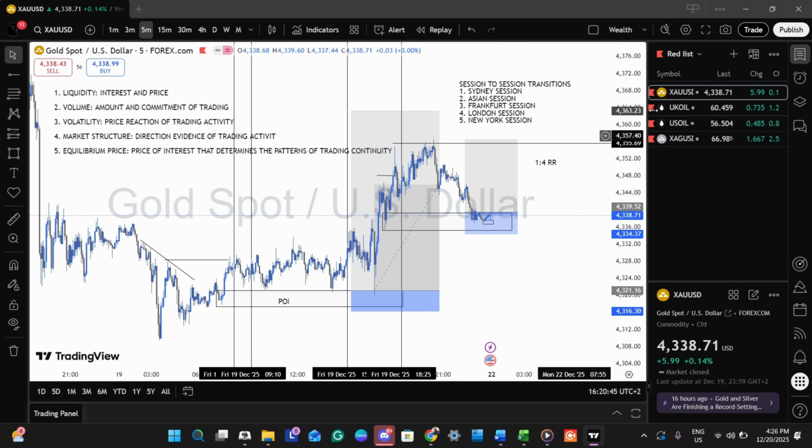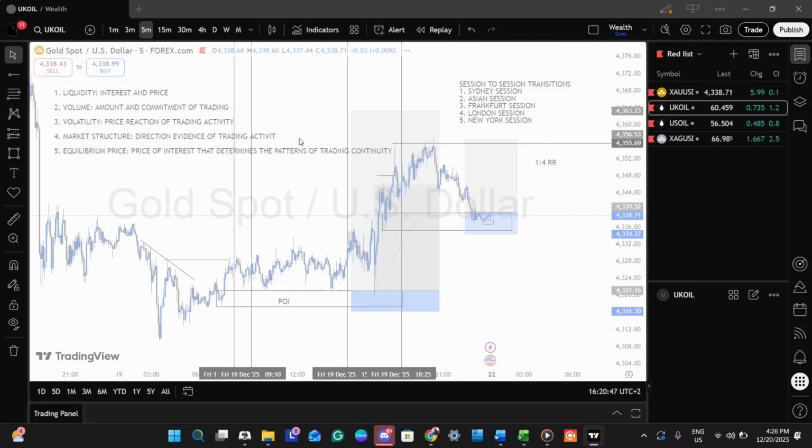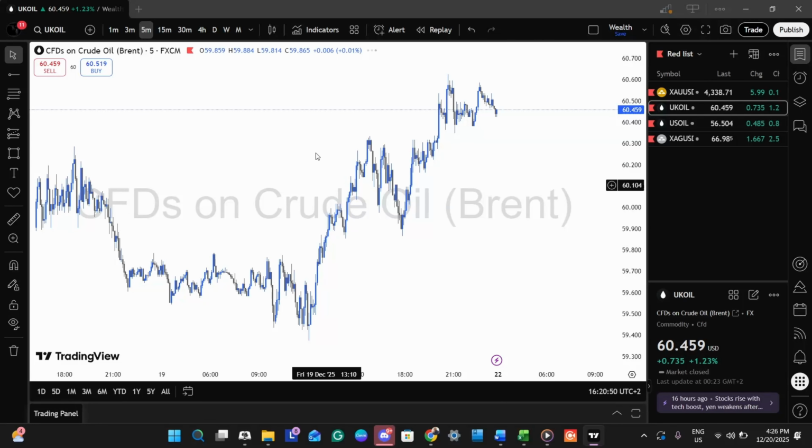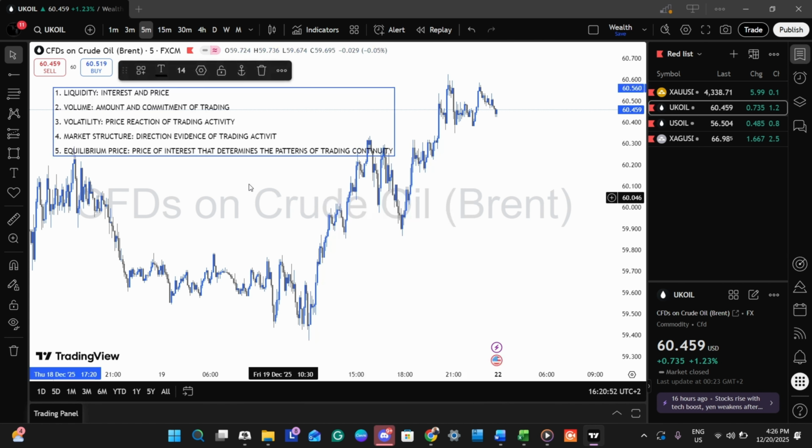So now let's delve into the oil market, right? Again, we're going to paste our checklist: liquidity to establish interest and price; volume to establish the amount and commitment of trading at the particular price points that established that interest; volatility, the price reaction of trading activity; market structure, the direction evidence of that trading activity based on liquidity, volume, and volatility; and equilibrium price, the price of interest that determines the pattern of trading continuity.